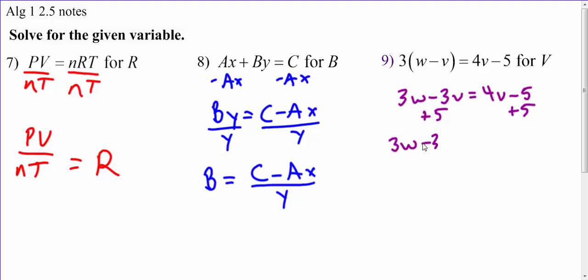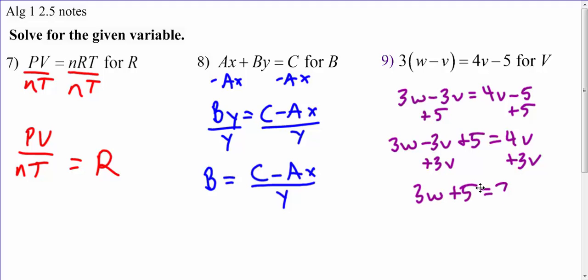It would work just fine. And now I'm going to add 3v to each side. And we're almost there. Last step, divide both sides by 7, and you'll have your v value isolated. So 3w plus 5 divided by 7.